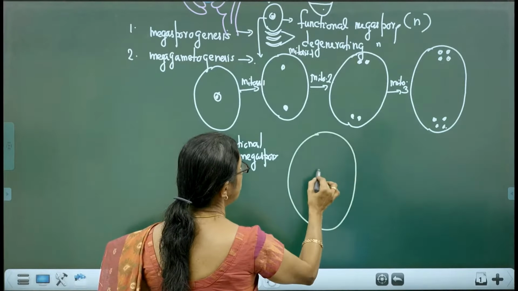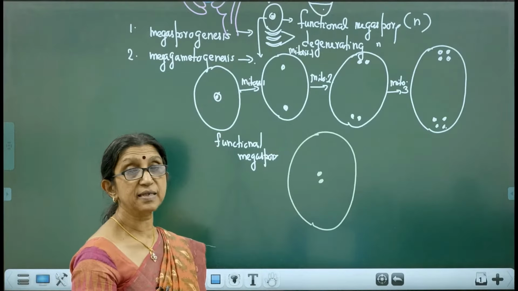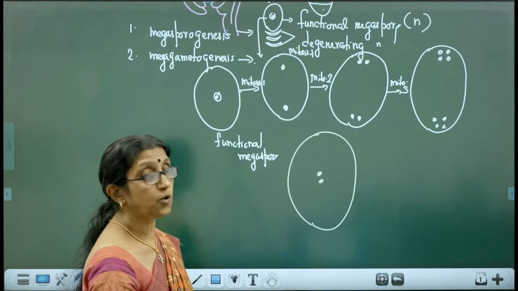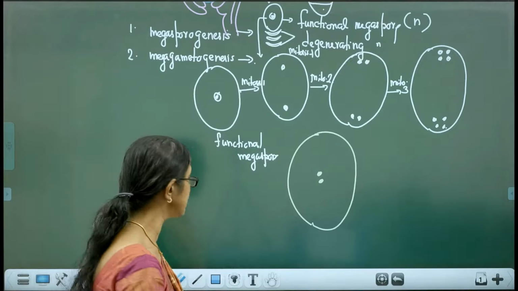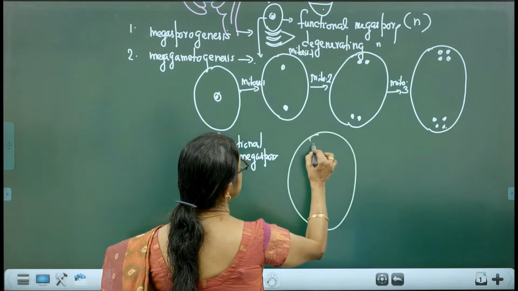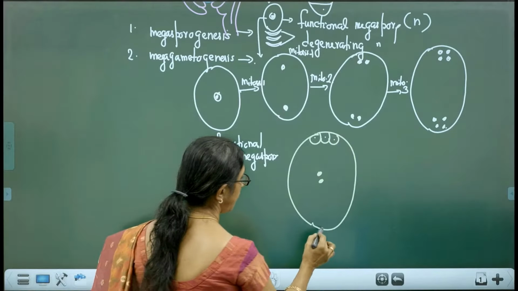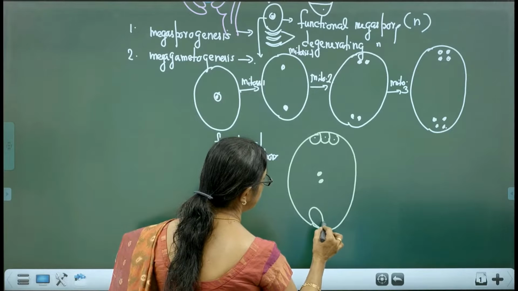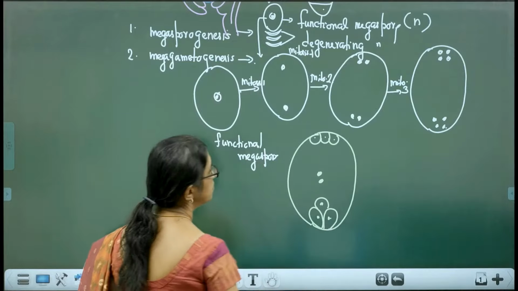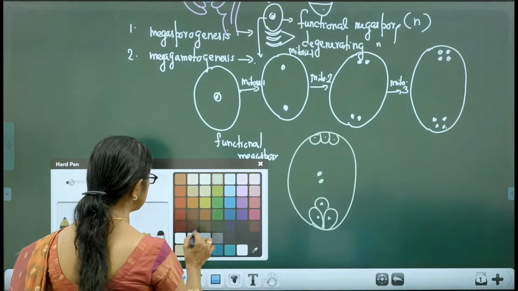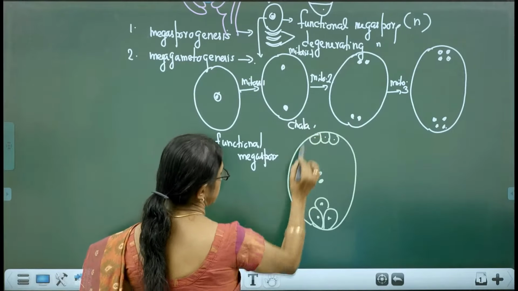From each group, one gets pushed to the center, and they act as the polar nuclei. This is followed by wall formation around all the nuclei of the micropylar and chalazal side, and that results in the formation of 3 cells in the chalazal side like this, and another group of 3 cells towards the micropylar end.